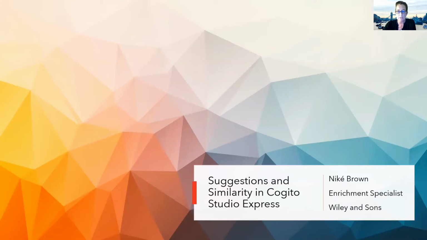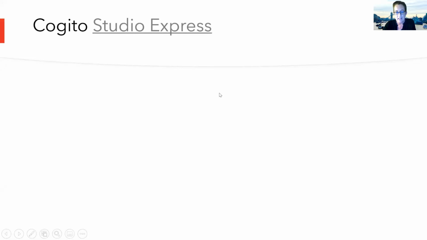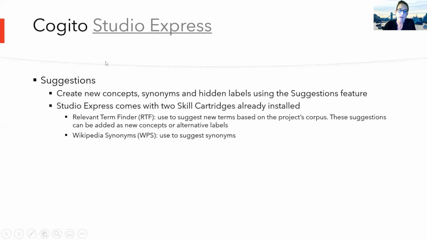So what I wanted to talk to you about was a tool that I've discovered just very recently when I moved to Wiley. The thesaurus management and ontology management system that they use is Cogito Studio Express. So there are many similarities with PoolParty, which I actually used before.